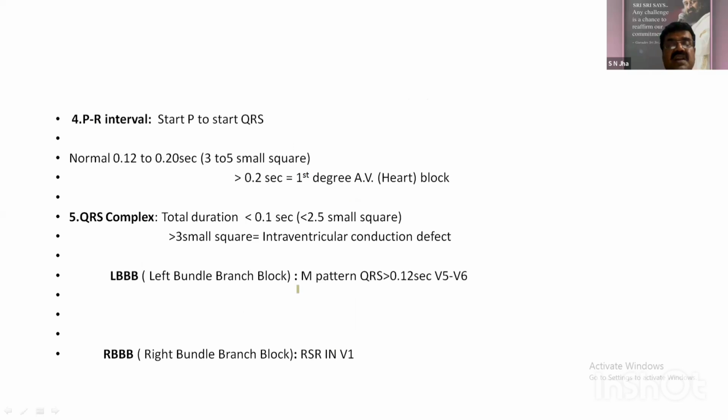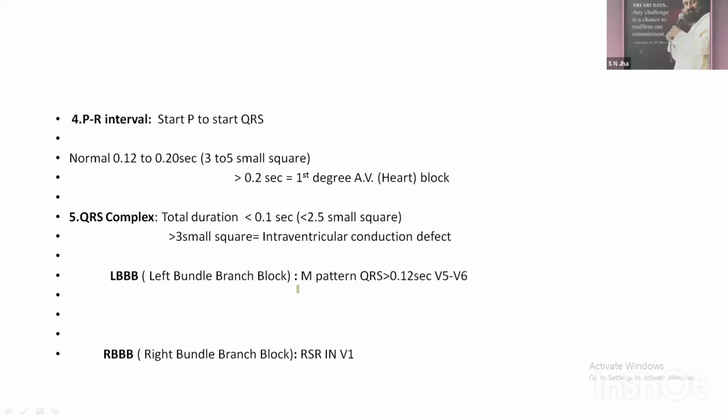More than 0.2 second is first degree AV block. And QRS complex total duration is less than 0.1 second, less than 2.5 small squares. More than 3 small squares is intraventricular conduction defect. So if the QRS is wide, intraventricular conduction defects occurred.